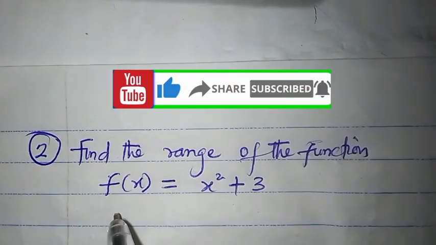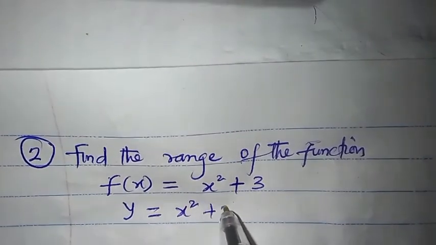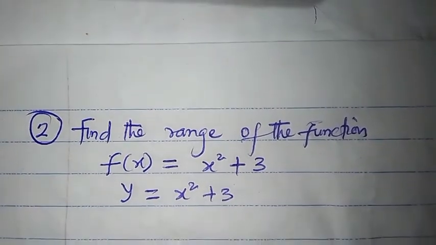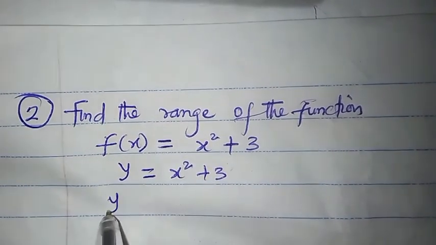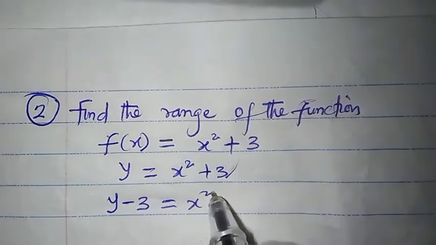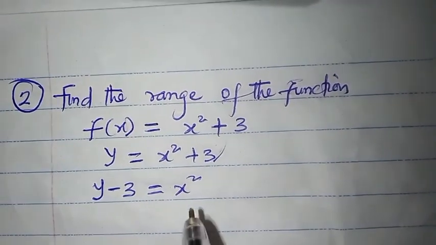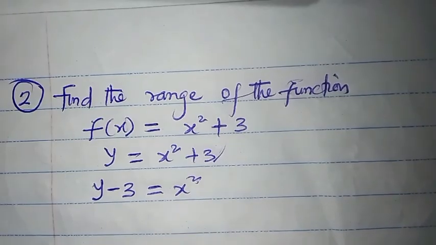Alright, f of x can also be y. So the first thing is to make x the subject of the formula. This is y. 3 will cross and turn to minus, equal to what? X squared. So to remove this square, I'm going to take the square root of both sides.